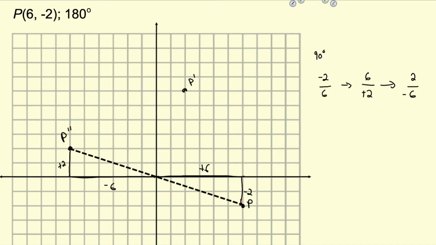So our point changes from P of (6, -2) to P prime of (-6, 2). What's really happening here is we are just changing the signs of our x and our y values.